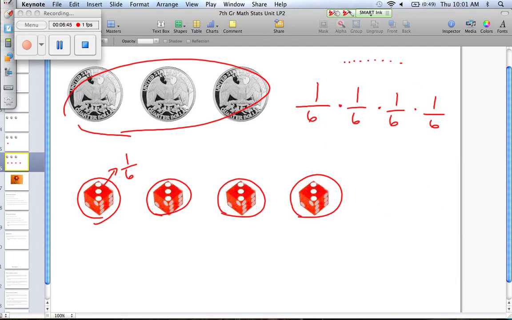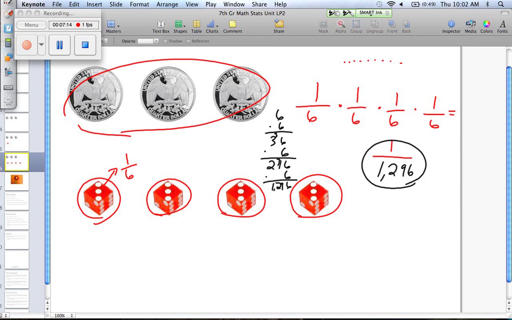Our numerator is 1. There is only one winner in our sample space. And then we're going to do a little bit of math to calculate our denominator. 6 times 6 is 36. 36 times 6 is 216. 216 times 6 is 1,296.